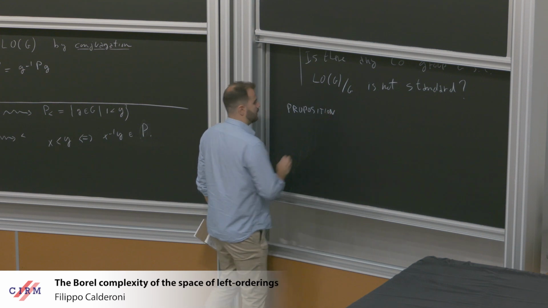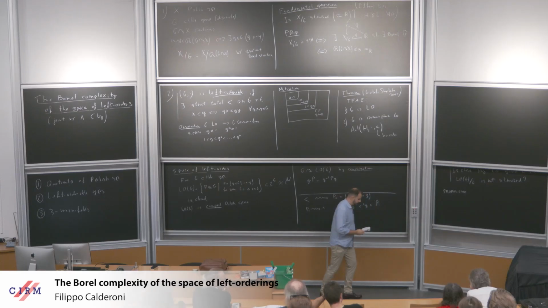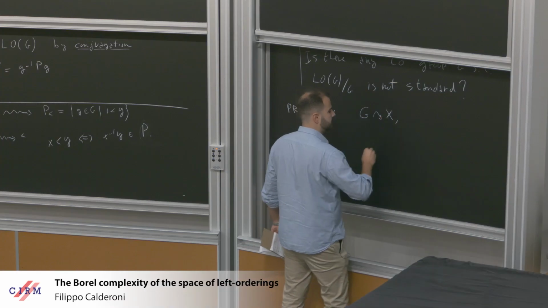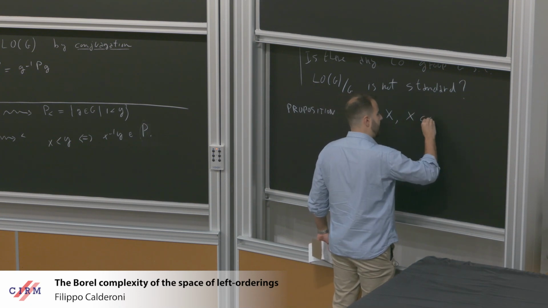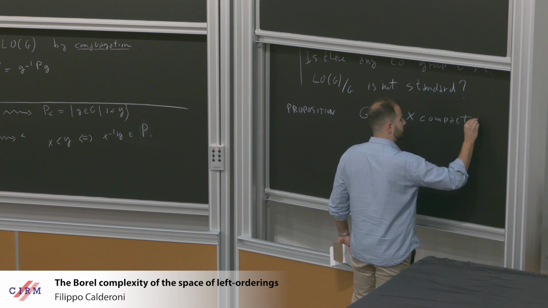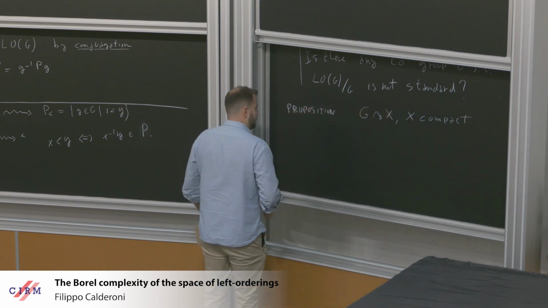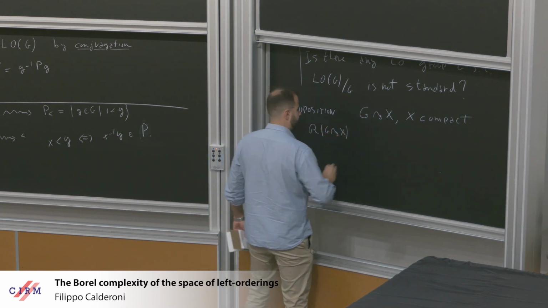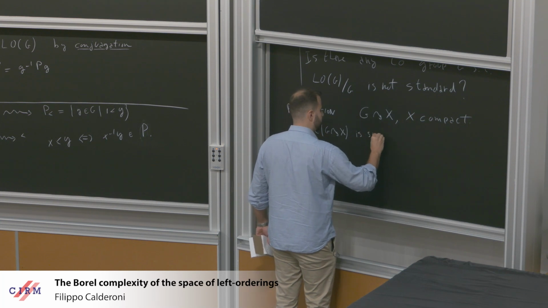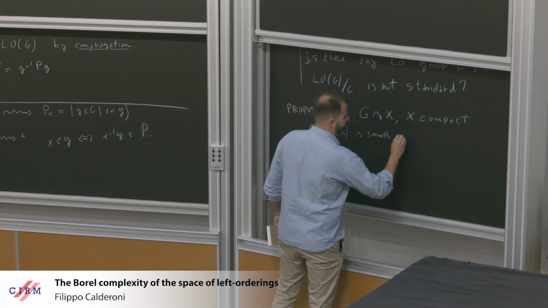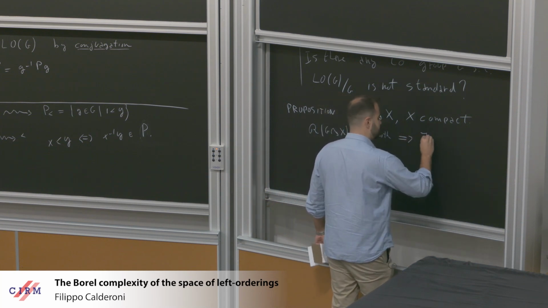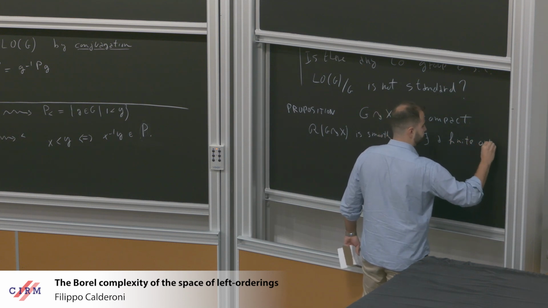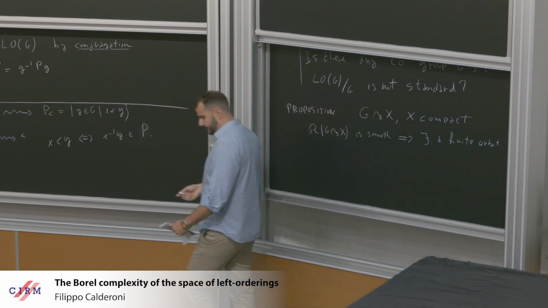Proposition, which I think is folklore in the field: if we have a countable group G acting on X, with the assumption also that X is compact, then if the induced orbit equivalence relation is smooth, it implies that there exists a finite orbit. Basically, there exists a finite equivalence class.